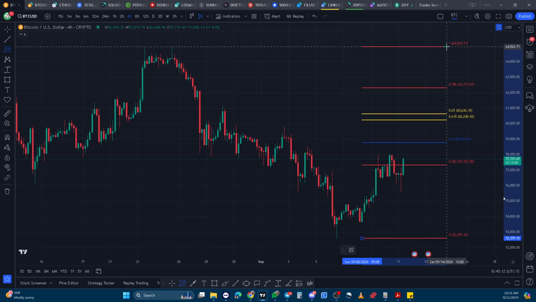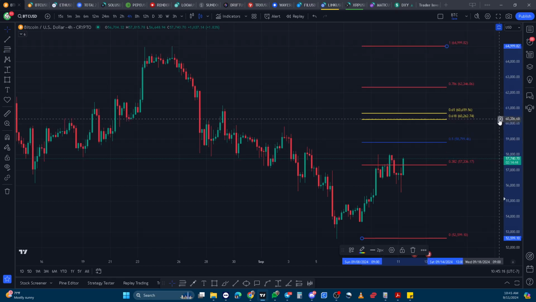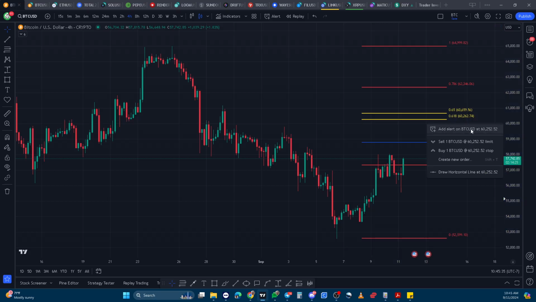We're going to run it up, and the first obvious thing you can do is say, oh, look, there's the 618. I like 618 as part of the beginning of the golden pocket. That's why it's gold. What I like to do is click over here on TradingView, click somewhere near that level, sometimes a little bit lower, and then click on the plus and add alert.